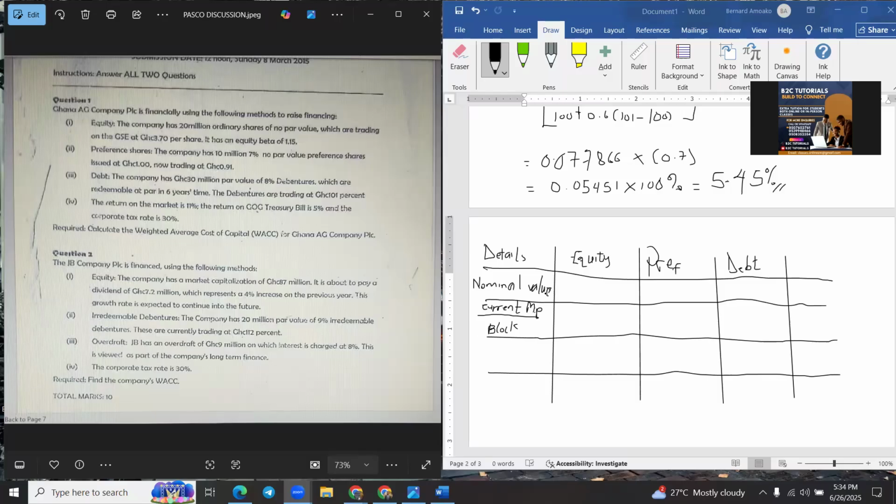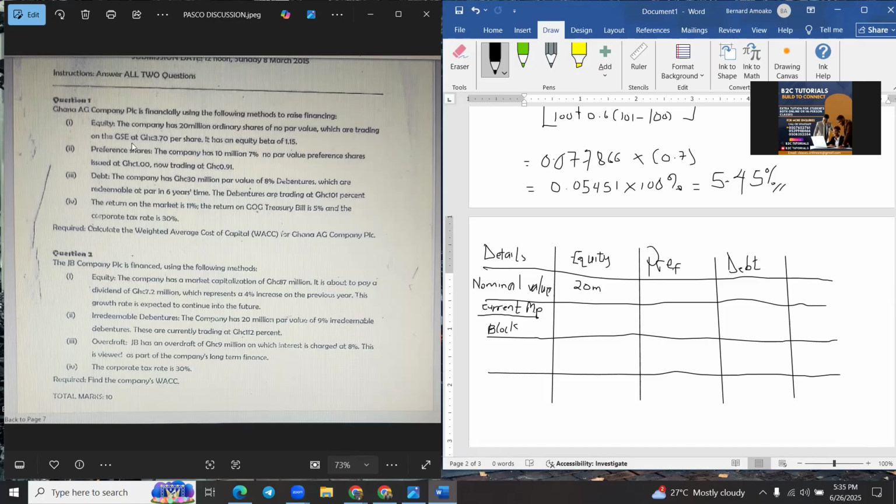Okay, so it's nominal value multiplied by current market price divided by block. So in our question under equity, what is our nominal value? Our nominal value is the one with no par value, and it is 20 million. So we have our 20 million written here nicely.